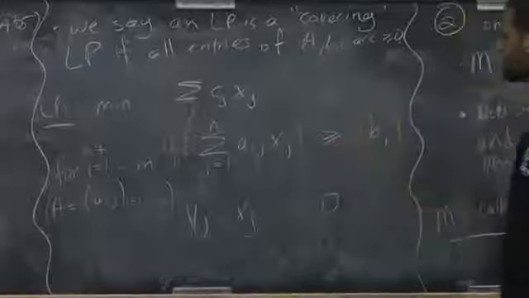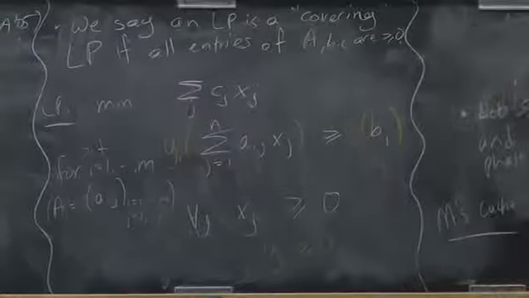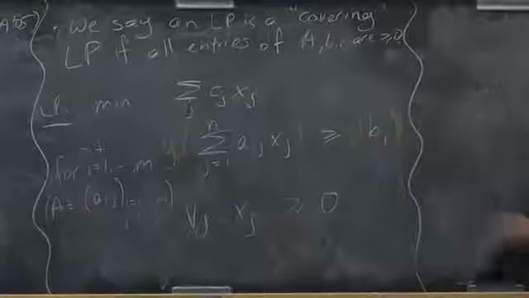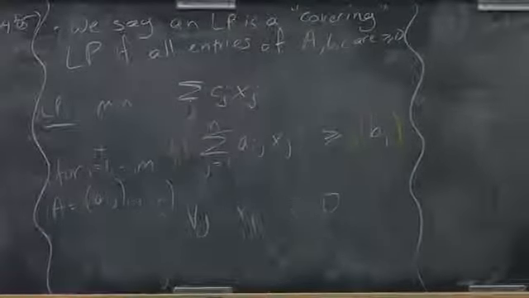When I add up these inequalities over all i, on the left-hand side, I have some linear combination of the x's. So suppose I introduce this y.